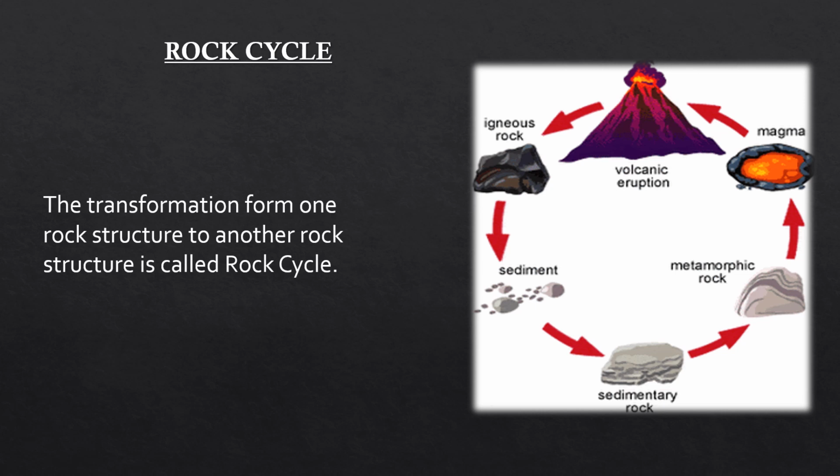When the igneous and sedimentary rocks are subjected to heat and pressure, they change into metamorphic rocks. The metamorphic rocks which are still under heat and pressure melt down to form molten magma. This molten magma again can cool down and solidify into igneous rocks. So this is what the rock cycle is, and this cycle keeps on continuing.